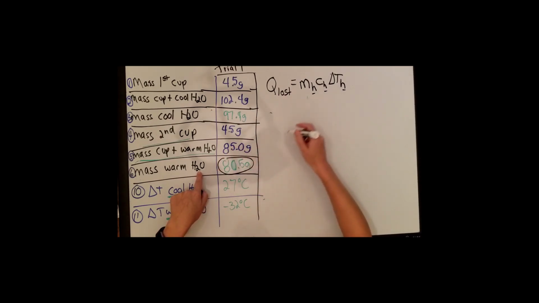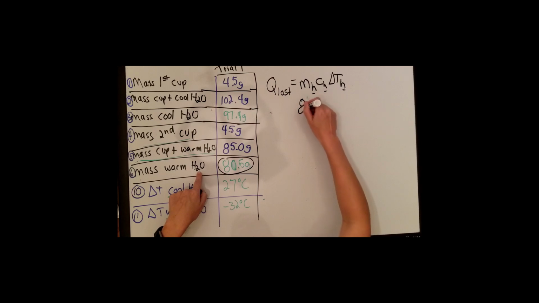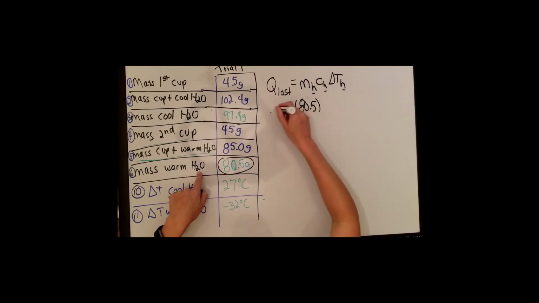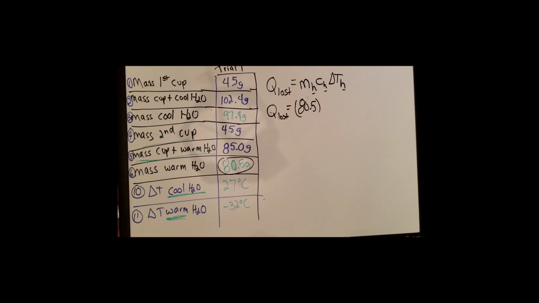Okay, so I'm going to use 80.5 as my M sub H. C value, well, in both of these, the specific heat is of water, so it's just going to be 1. Okay, so that C value will be the same for both calculations. So I'm just going to plug in a 1 there.